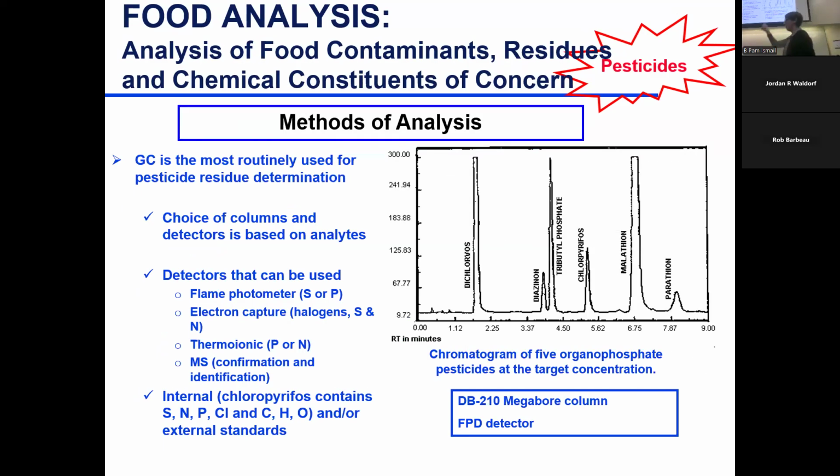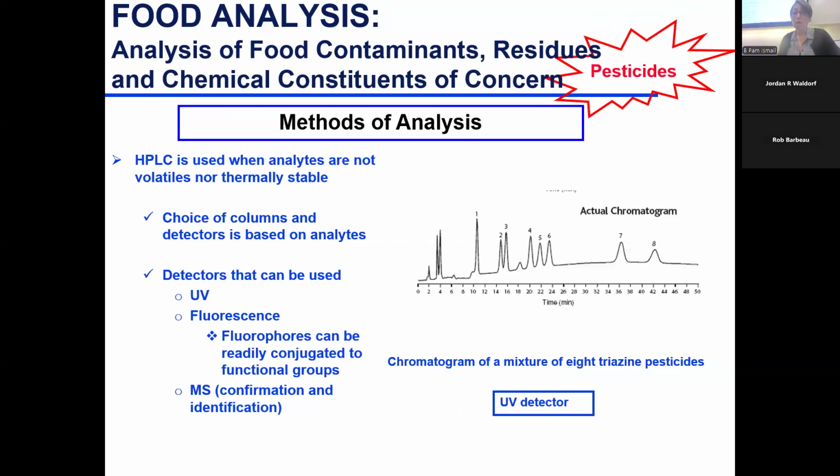GC was the method of choice when most pesticides were hydrophobic. And then you have lots of choices of columns and many detectors that Gary talked about. The common one is MS and tandem MS, meaning MS with another MS and more fragmentation so that we can get better identification power.